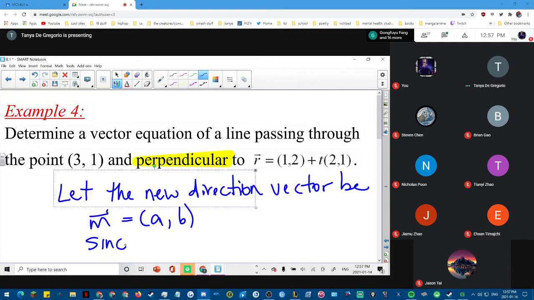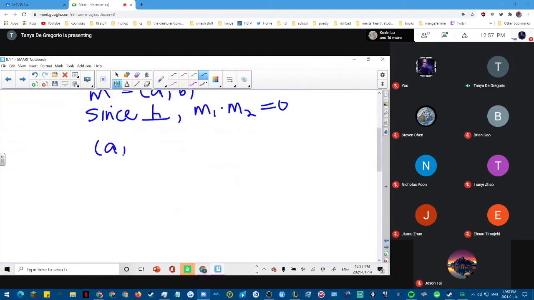Since we know that they have to be perpendicular, I can say that my two vectors dotted together, so M1 dotted with M2 has to equal 0. So A comma B dotted with 2 comma 1 equals 0. So dotting these, what do I get?